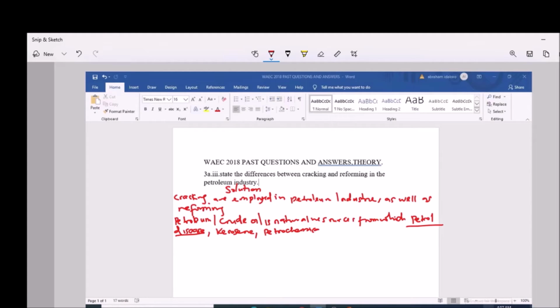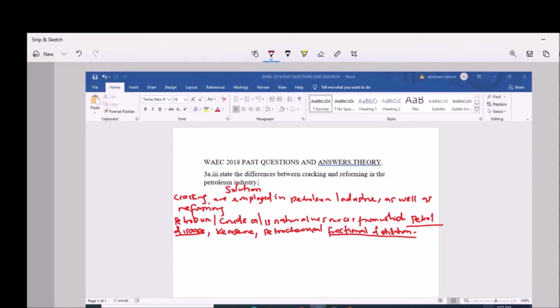Petrochemicals are also derived from petroleum or crude oil. We derive all these with a process called fractional distillation. This is the separation technique employed in separating the petrol, diesel, kerosene and petrochemicals from crude oil.